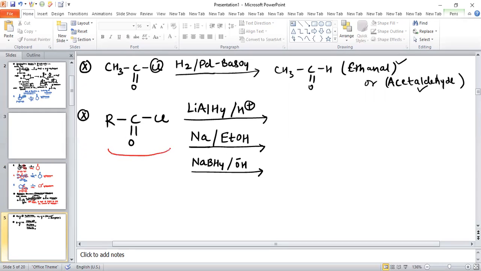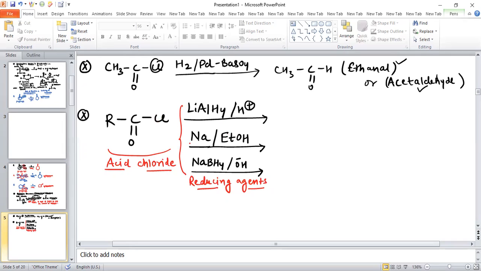So this is the acid chloride, and these are all reducing agents.